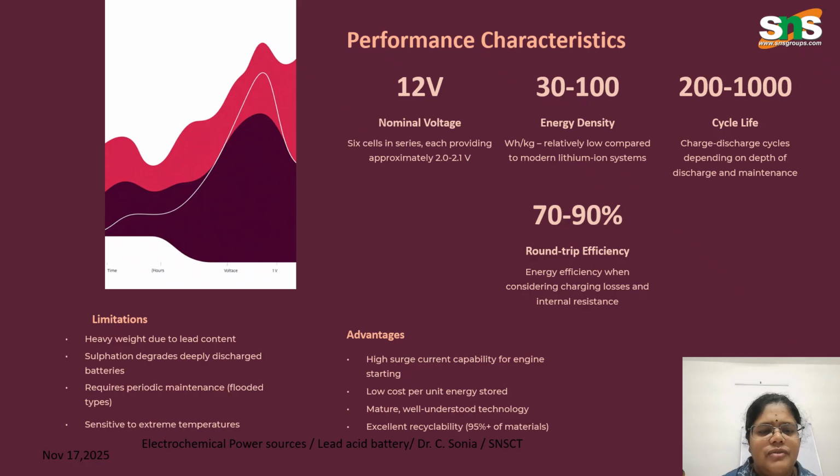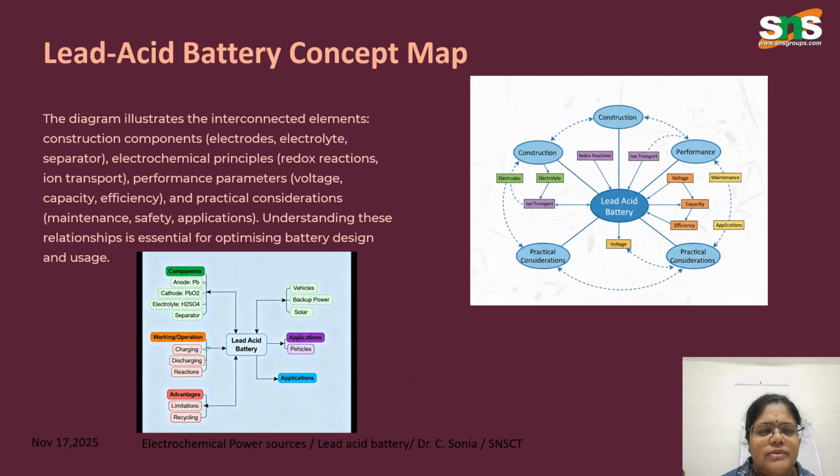When the temperature is very cold, it will be really tough to start the battery used in vehicles to start the vehicle. High surge current capability for engine starting, low cost per unit energy stored, mature well understood technology, and excellent recyclability are the advantages of this.